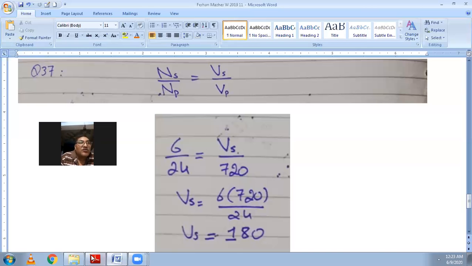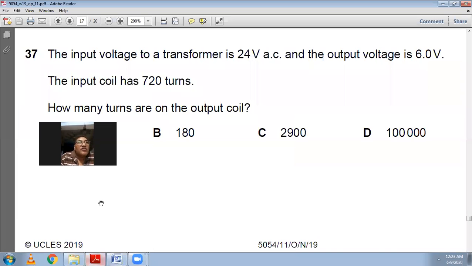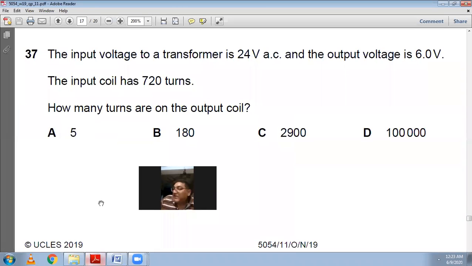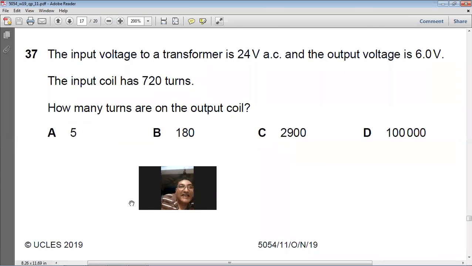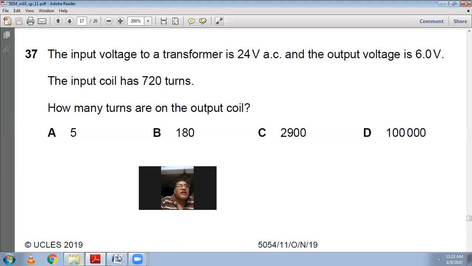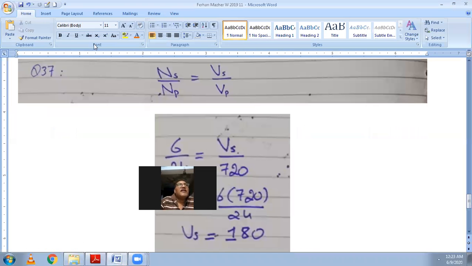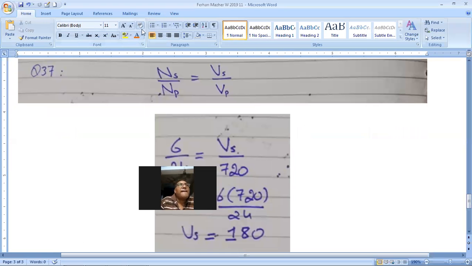It's a step down transformer. So B is the right option, 180. Question number 37, B is the right option.